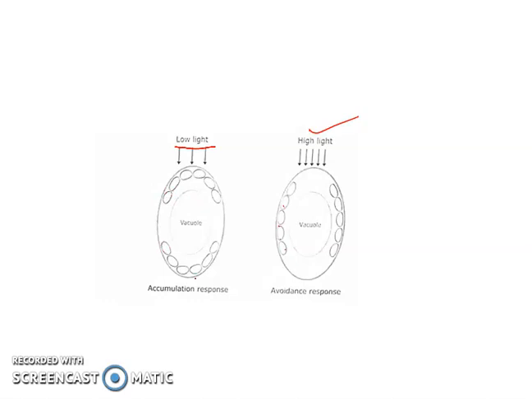When it is accumulated in the upper and lower region, it will be exposed to the light and it will accumulate it for its further process. And this process is known as accumulation response because it is accumulating the light.